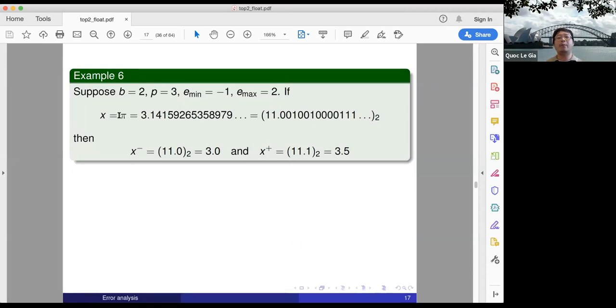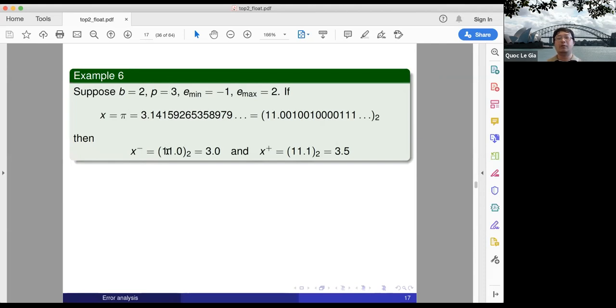Now this one is a simple example. Suppose you have pi. Pi in decimal has infinitely many digits after the dot. When you expand it into binary, it also has infinitely many digits after the dot. Here we just assume that we have only 3 digits, so p equals 3, and you stop at 3 digits.